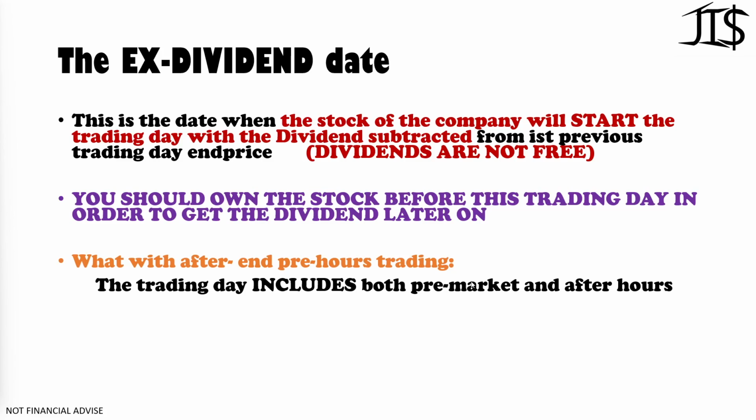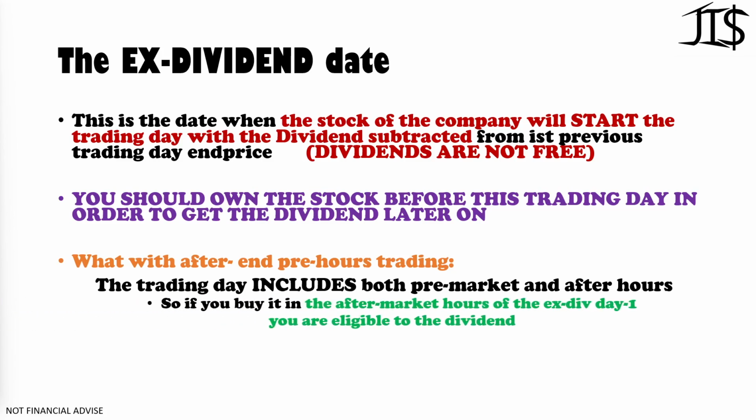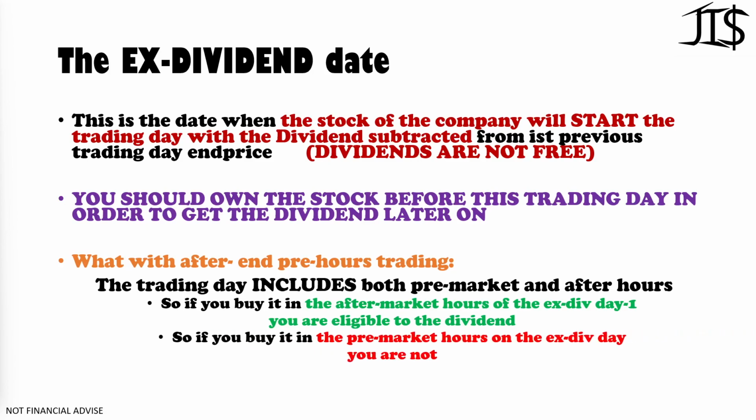You can already start trading when your broker allows it, but if you buy in that time, you won't be eligible. But if you buy the day before in the after hours, so after the market closes in the evening, then you are eligible for the dividend. So the pre-market hours on the ex-dividend day, you are too late.